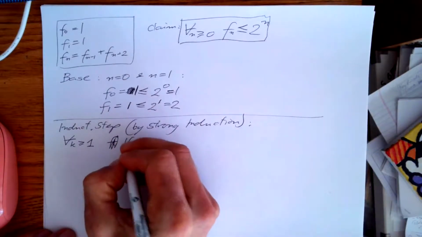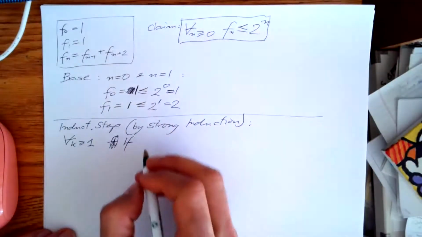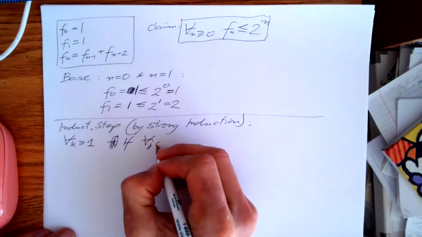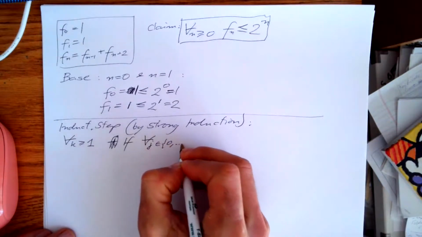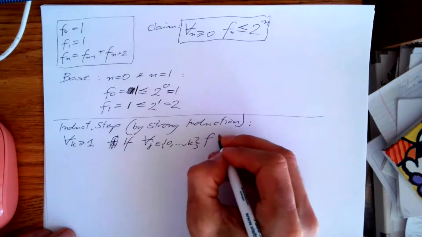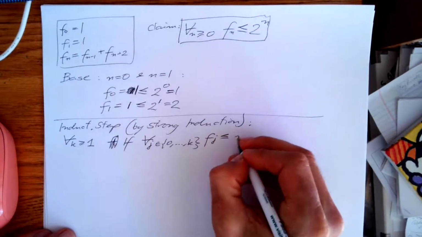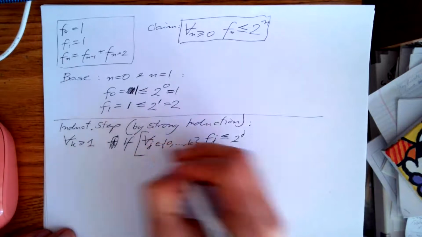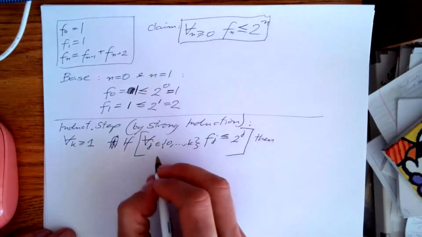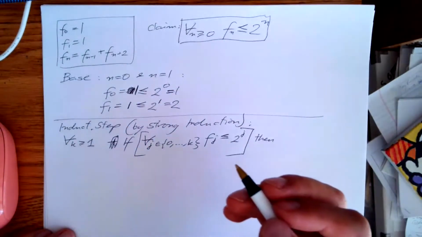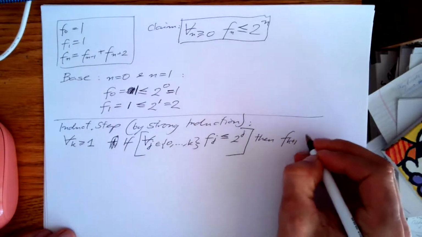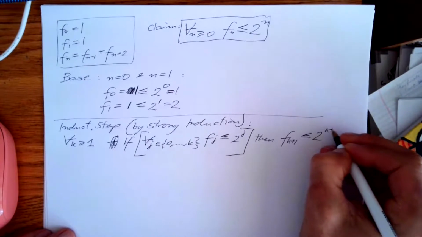If it is true that for all j from 0 to k, Fj was upper bounded by 2 to the j, so if all this holds, then I want this theorem to be true about the next index, which is k plus 1, so that Fk+1 is upper bounded by 2 to the k+1.